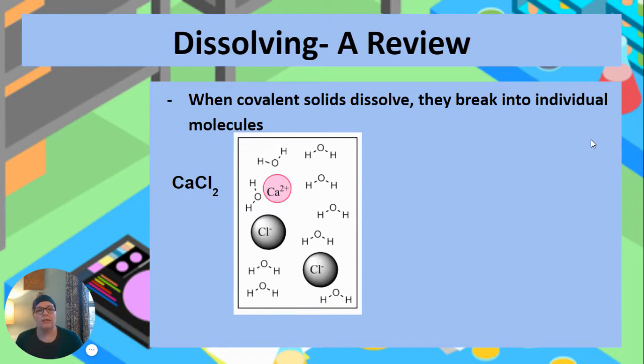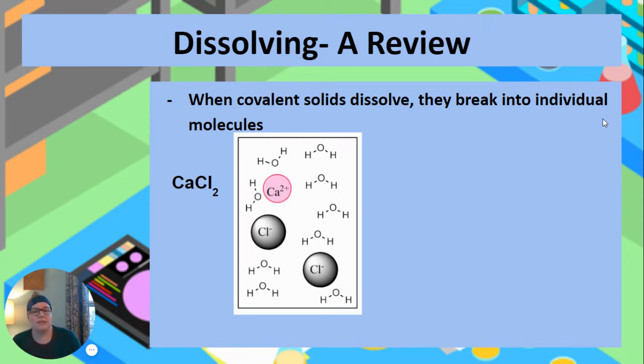We talked a lot about the ionic lattice and how we have individual ions that are attracted to each other. So when an ionic solid dissolves in water, the waters attack the individual ions, oriented with either the positive or negative end of the molecule to the appropriate side, and they break apart.